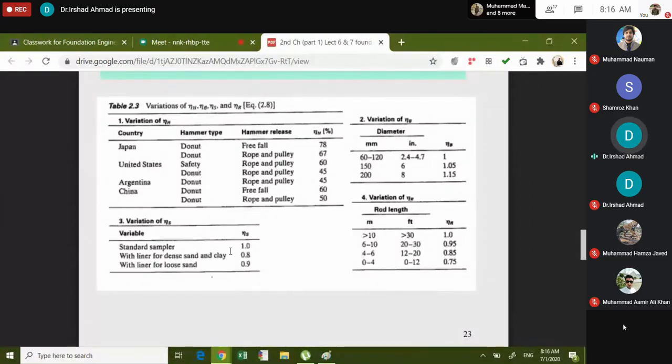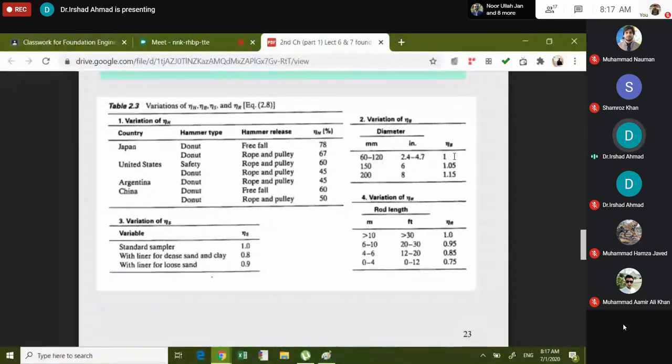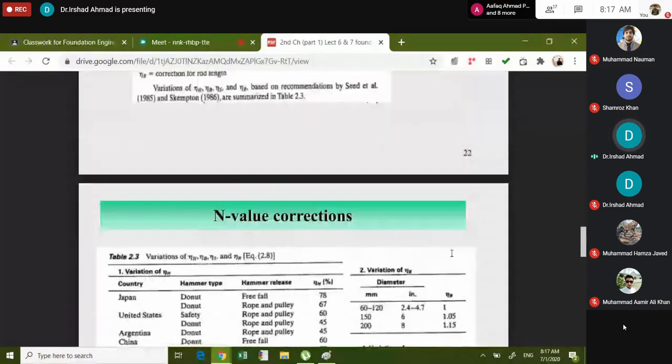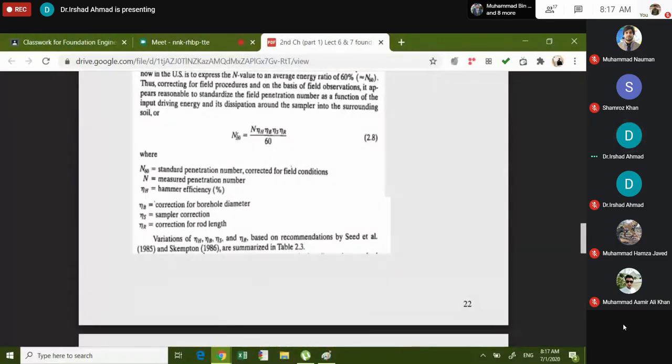If you use a standard sampler, you don't need a correction, but if you use a liner, you need correction. Similarly, borehole diameter correction. Up to 120 mm or 6 inches, you don't need any correction, but for oversized boreholes, you need correction. Similarly, for rod length greater than 10 meter, you don't need any correction, but less than 10 meter, you need correction. After finding the relevant correction factors from this table, you can use this equation to find out the corrected SPT count.